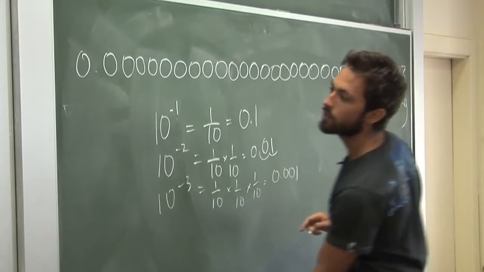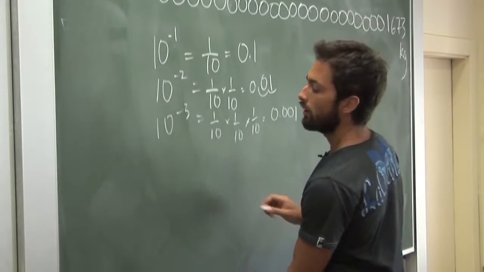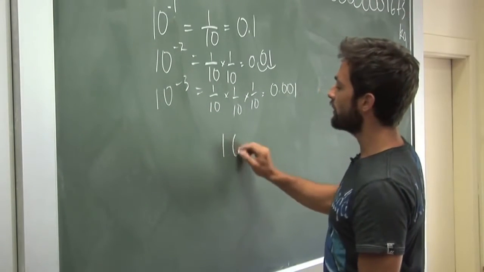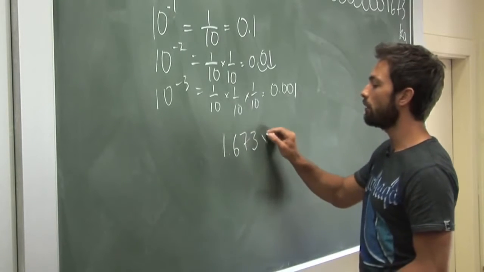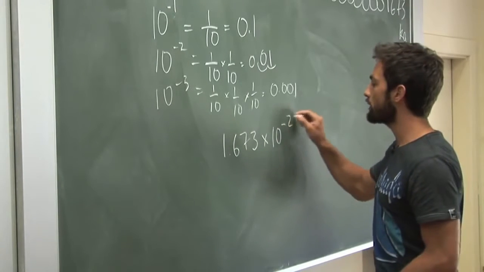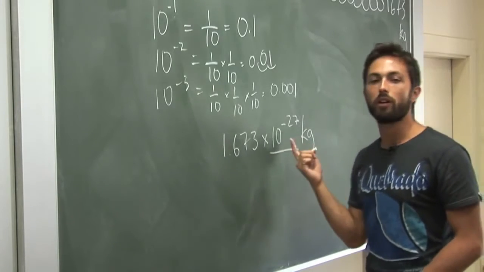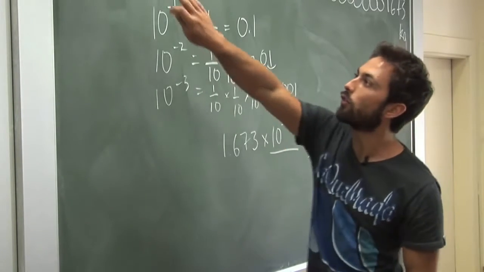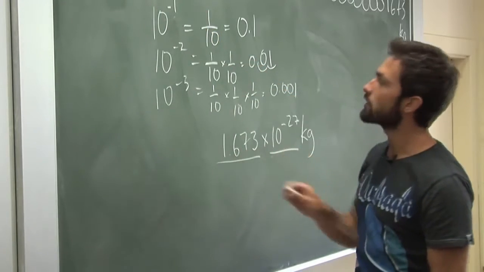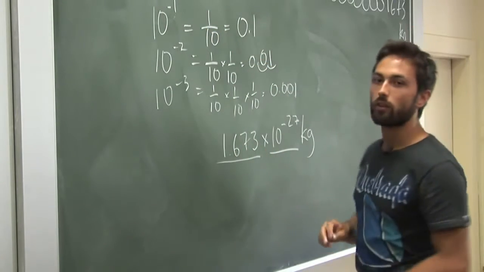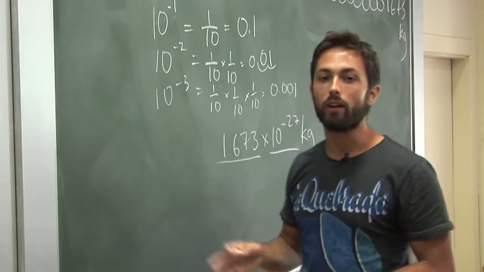So I can write the mass of a proton as 1.673 times 10 to the minus 27 kilograms. And this 10 to the minus 27 has the function of putting this number, 1.673, 27 decimal places to the right of the decimal point.